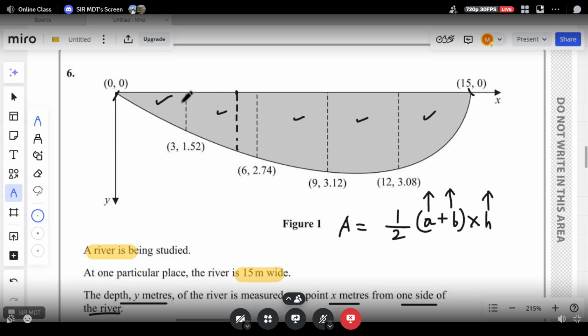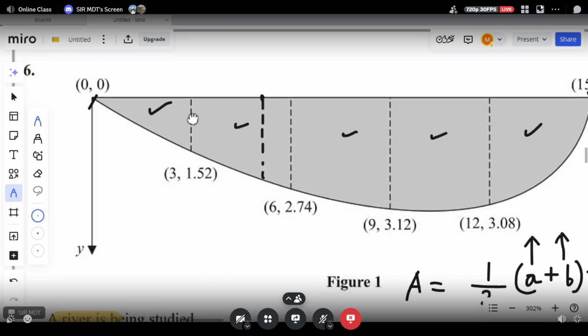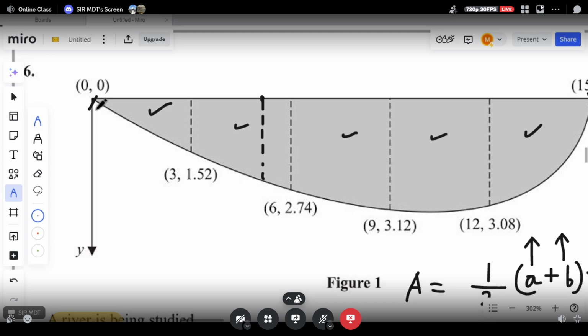Okay, so the first one, you can see this height, this depth basically. This depth is common between this trapezium and that trapezium.